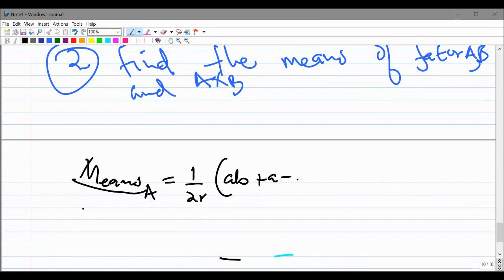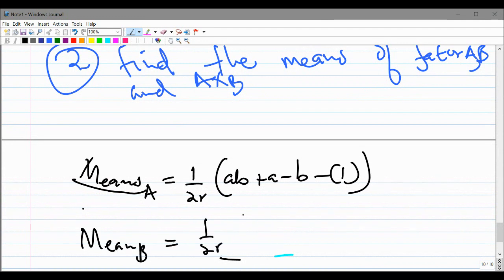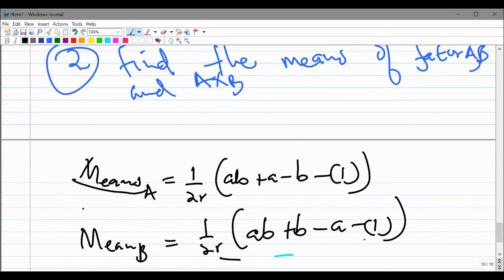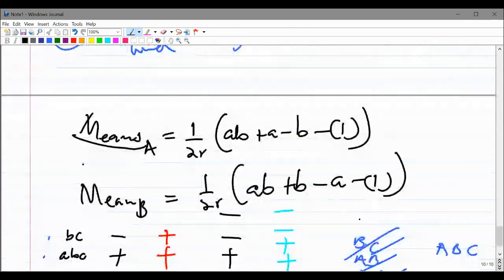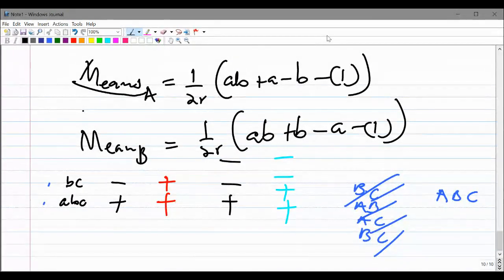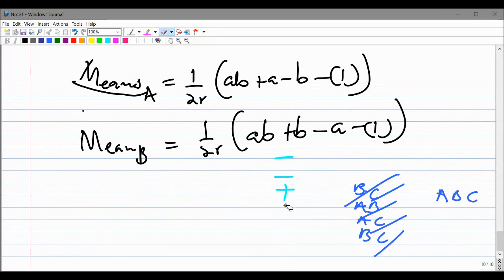AB plus A minus B. And the mean of B, of vector B, is given by AB plus B minus A. And then the last one, mean of AB, sorry, let me remove this.